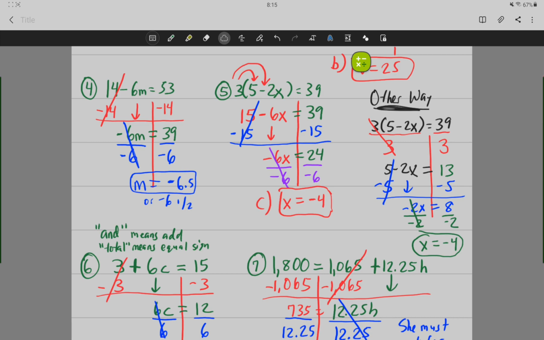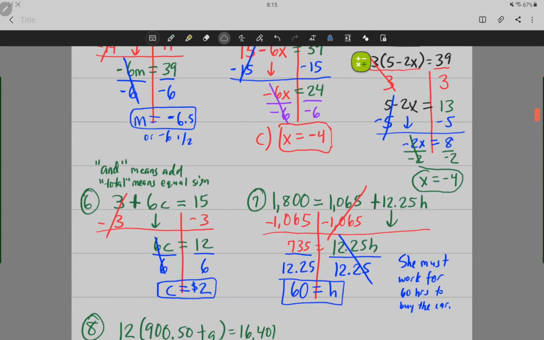The first one, I'll highlight here: we can use the distributive property and multiply the term outside of parentheses by whatever's inside. Or if you don't want to do that, the other way to do it is just to divide by the number on the outside so that the numbers become a lot smaller right away. Again, you decide which one you're more comfortable with.